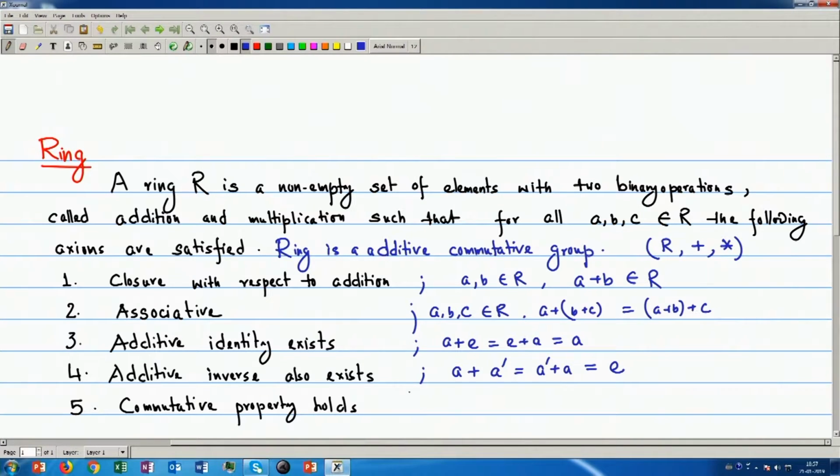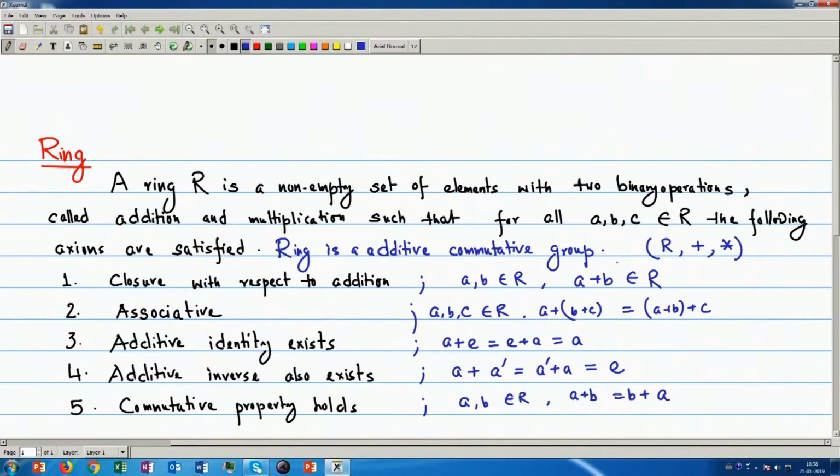Now, if the commutative property holds, then for A, B belonging to R, A plus B equals B plus A. So, this is only the ring as an additive commutative group.